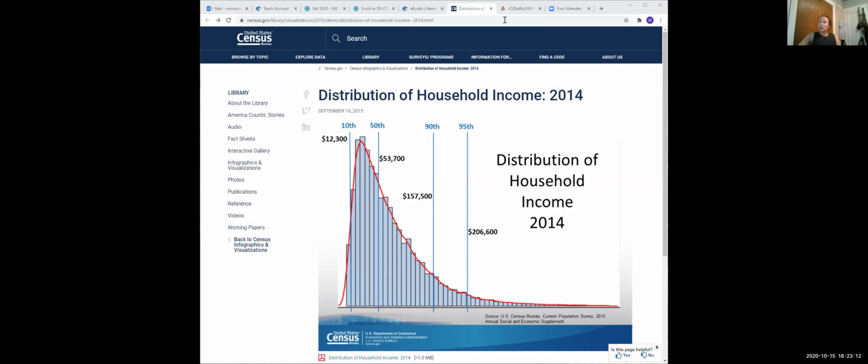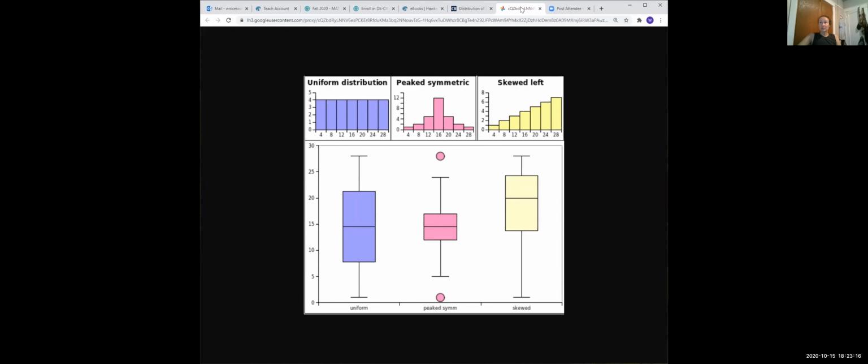And then let me show you another way that we sometimes look at this kind of information. These up top are 3 different frequency distributions, okay? This distribution is uniform, okay?